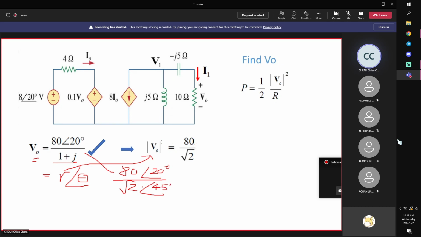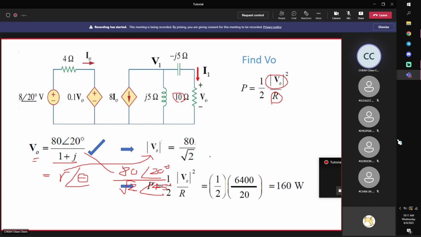Okay, so we know that for the deviations, we only focus on the magnitude, which is 80 divided by root 2. Then we get this magnitude, we square it, divide by R, which is 10, and then divide by 2. We will be able to get the average power.